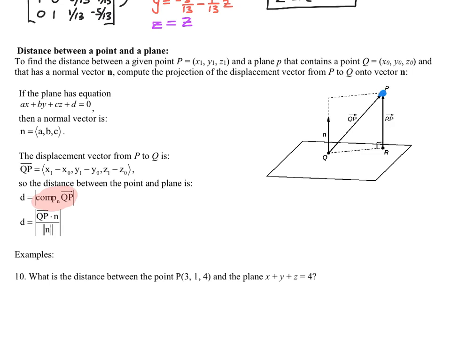So what we do is we find the vector going from the point that we choose, which is QP, because I'm arbitrarily selecting a point. I'm choosing this point.